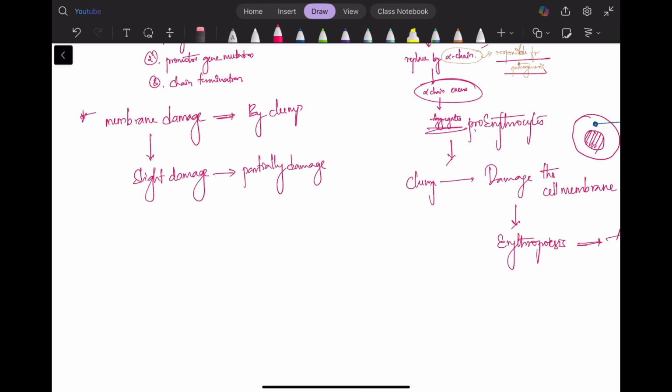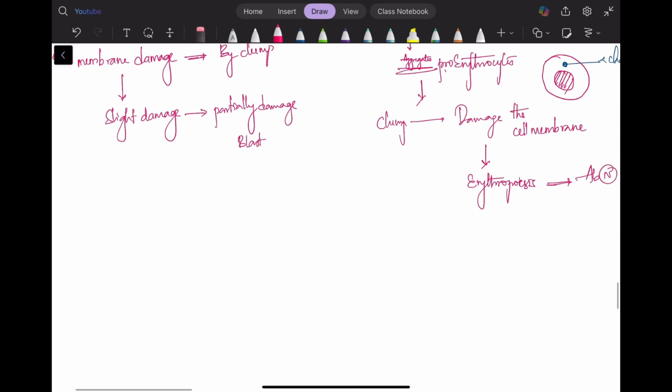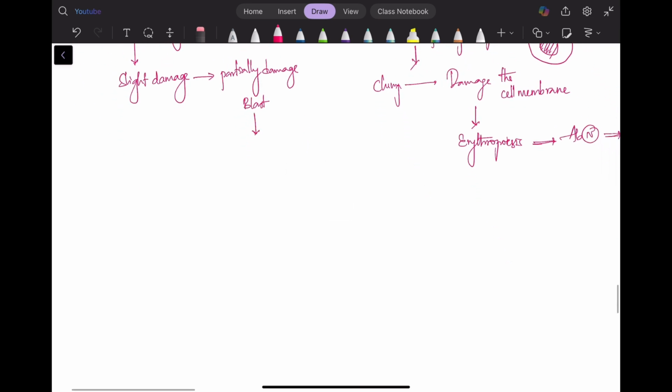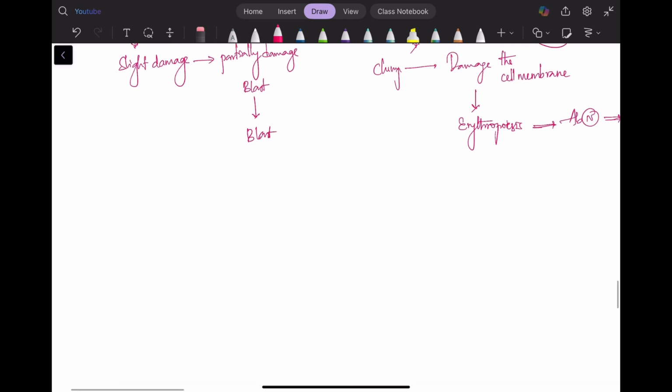Guess it. You are on the right path. It leads to partial damage of the blast. So the cell becomes smaller, looking like smaller RBCs with a damaged membrane.